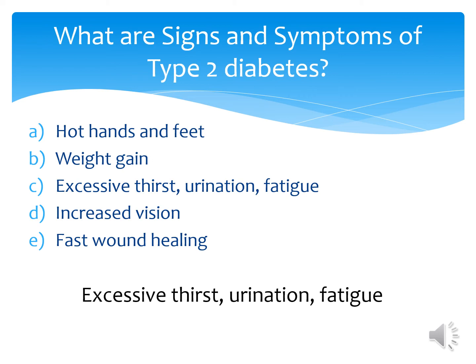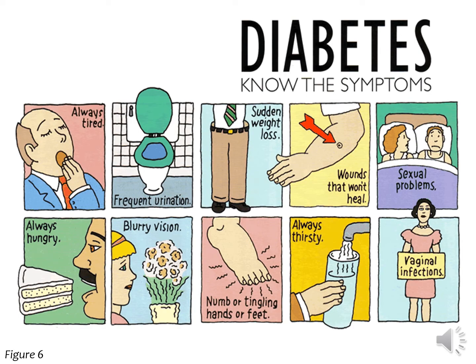And the fatigue comes in because our muscles and our brain aren't getting the glucose they need, since insulin isn't allowing it to get into those cells. So our mind and our body just feel so tired because they're not getting the glucose that they need. So that's why signs and symptoms of type 2 diabetes are excessive thirst, urination, and fatigue.